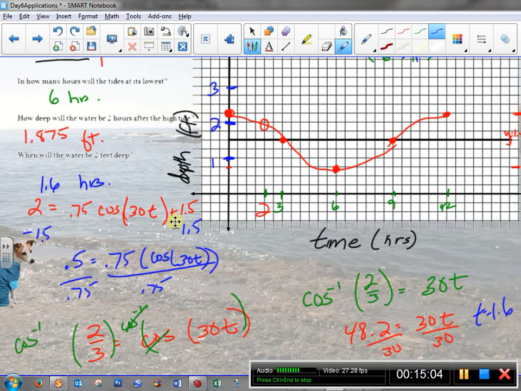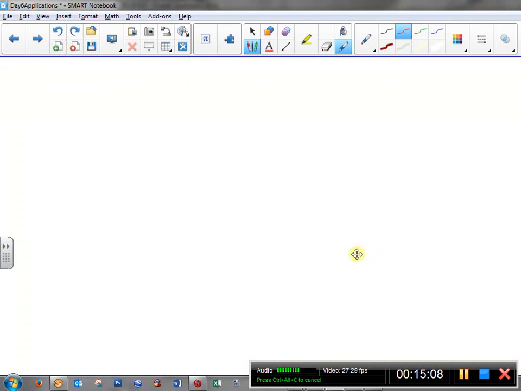So I just want to review with you one more slide what we're actually doing anytime we're using an inverse function. In the last unit, I asked you to find theta if the cosine of theta was equal to 0.75. In this unit, the functions look a little bit more sophisticated.